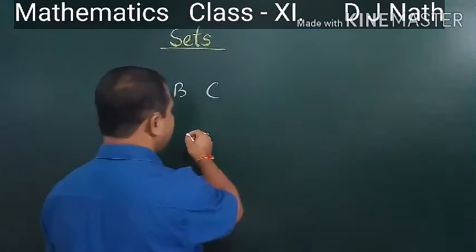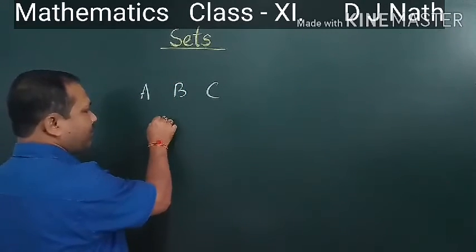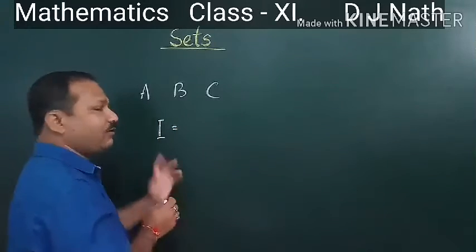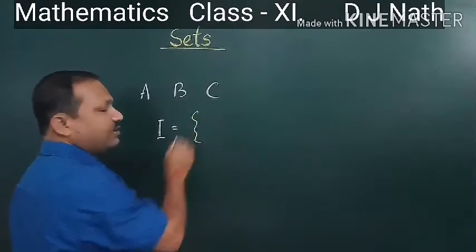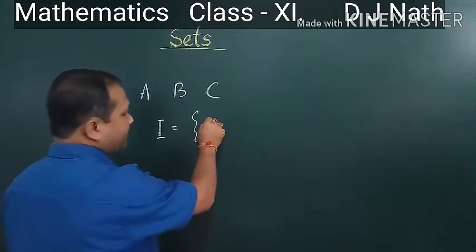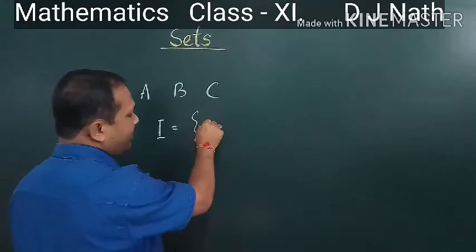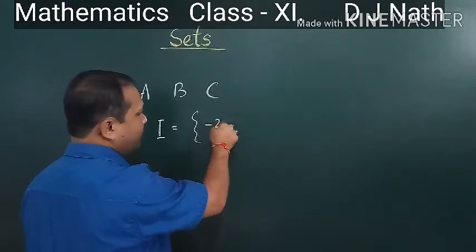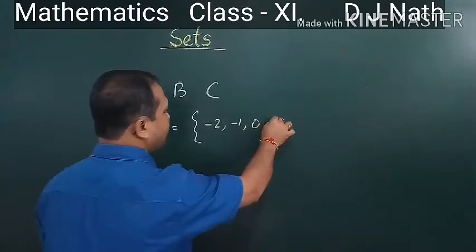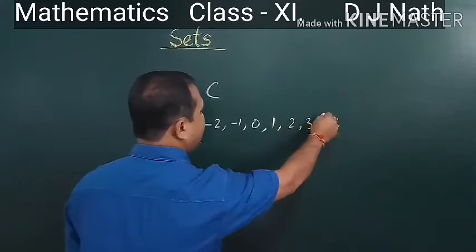So set of integers. If I say set of integers, how can we represent it? Integers we will represent as minus 2, minus 1, 0, 1, 2, 3.